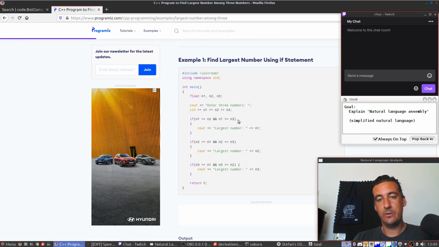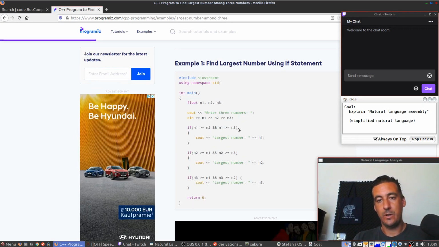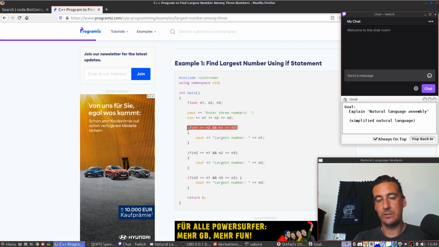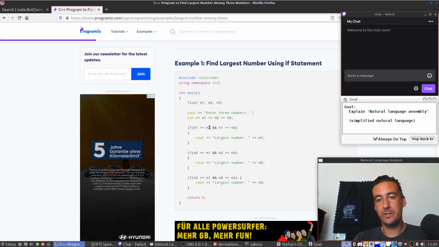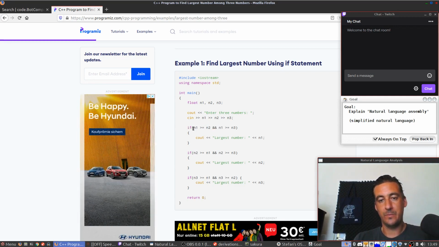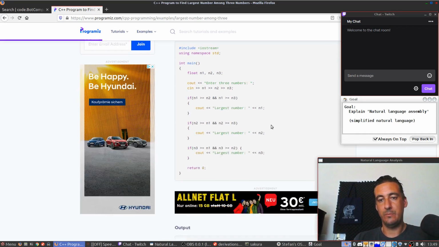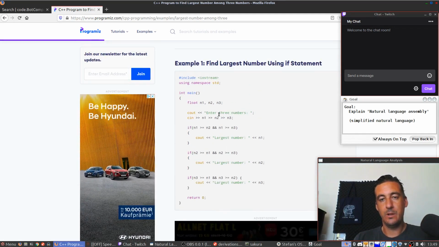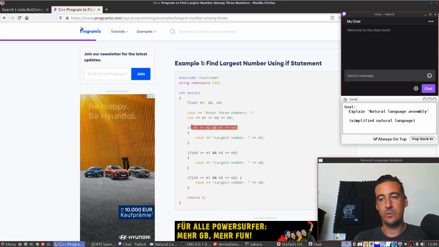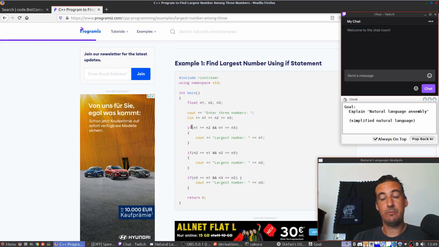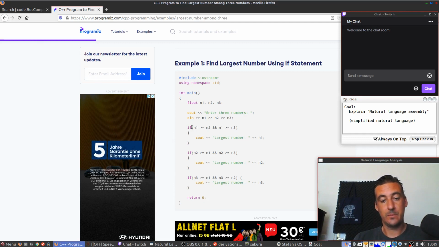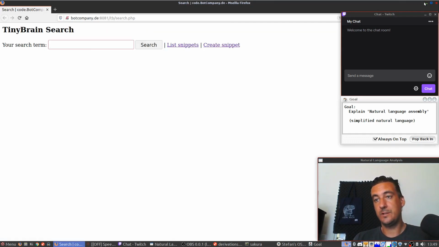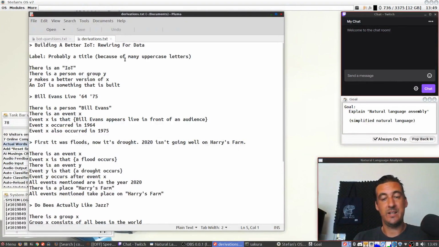Compare assembly language to something like this, where in each line you have multiple things going on. There's a comparison, another comparison, there is a Boolean operation, and there is an if. This could be even longer. You can have lots of parts of an expression in one line. So basically we want to go from this to the assembly version, but not related to programming languages. We want to do this simply for text, for natural language.